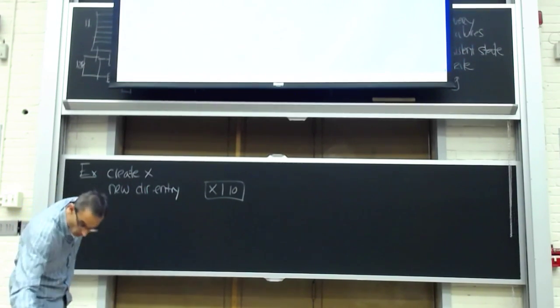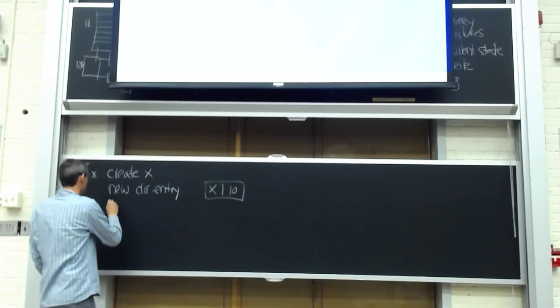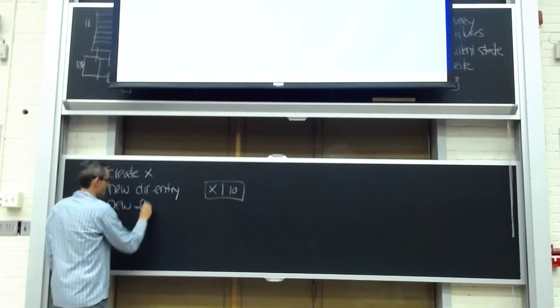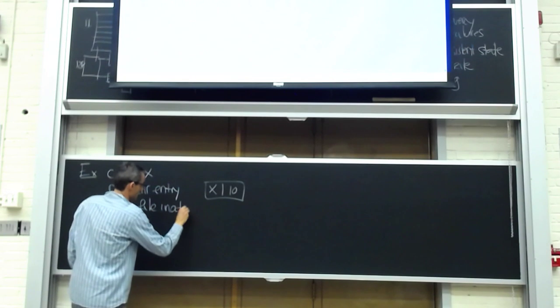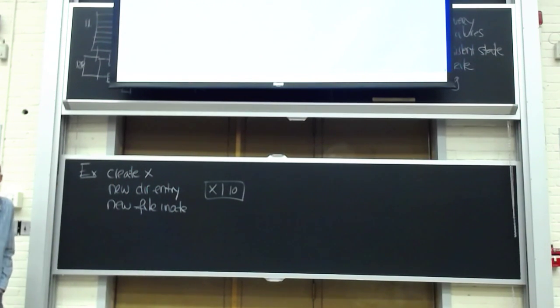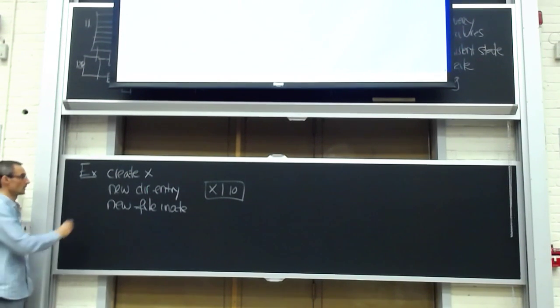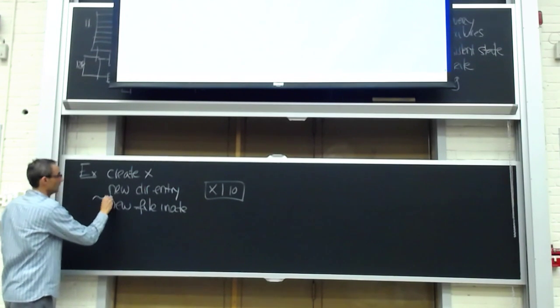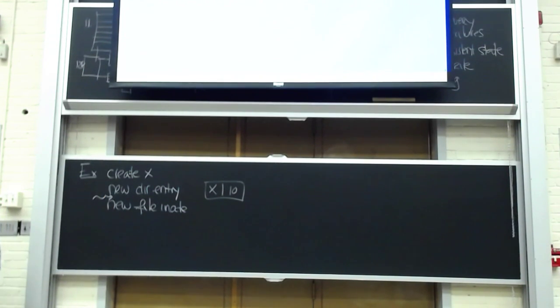And in addition, what we need to do is get the new file inode, which may be 10. We might have allocated it first, and then do the writes in this order. Now the question is, what happens if we have a failure right in the middle?